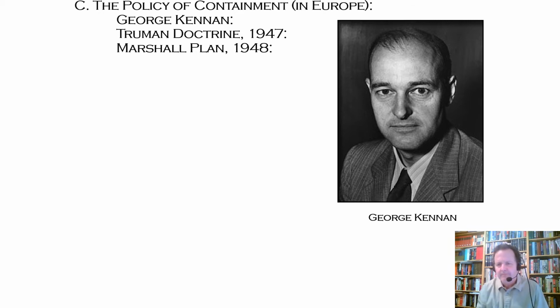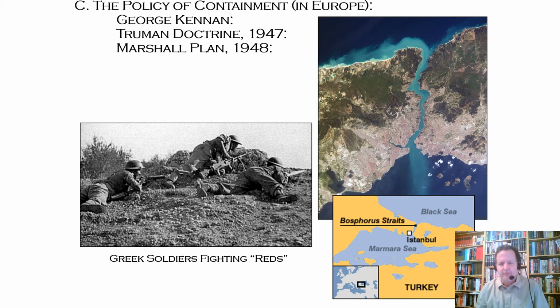One is Greece. Now, Greece had been captured and occupied by the Germans during World War II. Near the end of the war, the British went into Greece to help kick the Germans out.